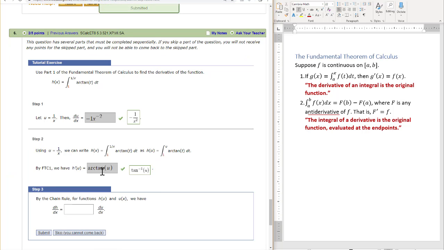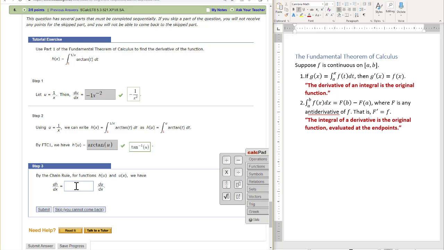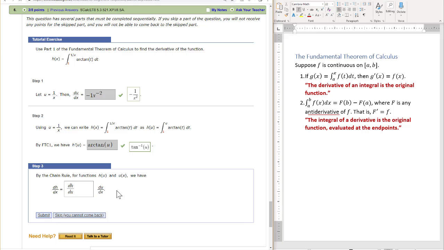Now that we have the arctan of u, we have to take a look at the chain rule. With the functions h of u and u of x, the derivative of h with respect to x is going to be the derivative of h with respect to u times the derivative of u with respect to x.